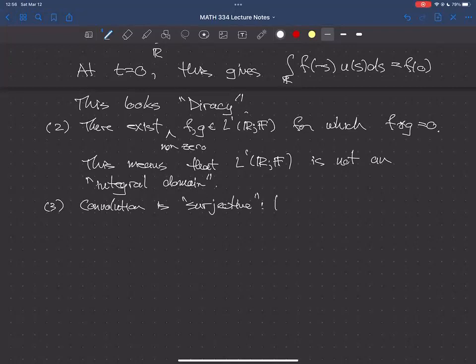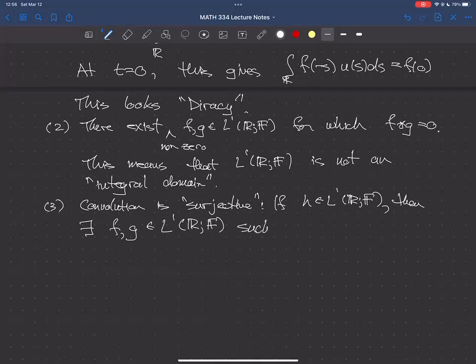So what I mean by that is that if H is in L1, then there exist F and G in L1 such that H is F star G. Okay.